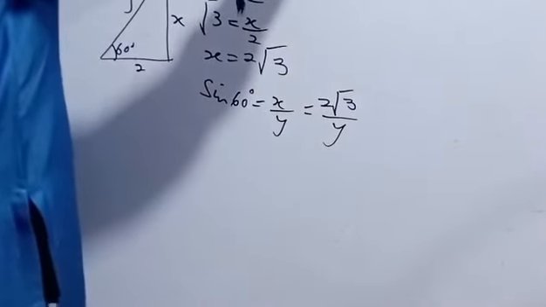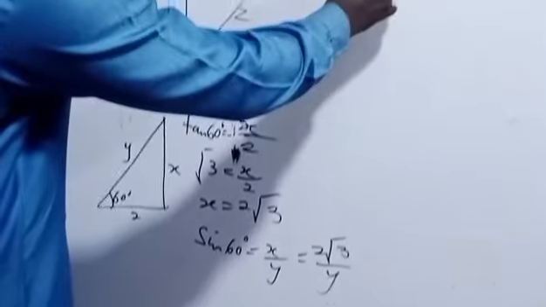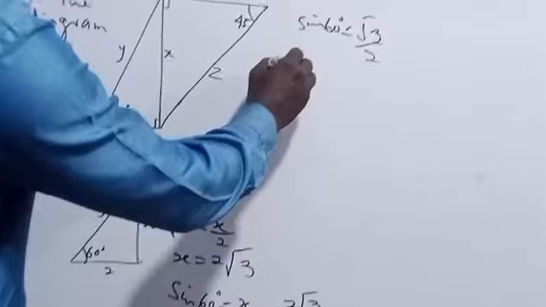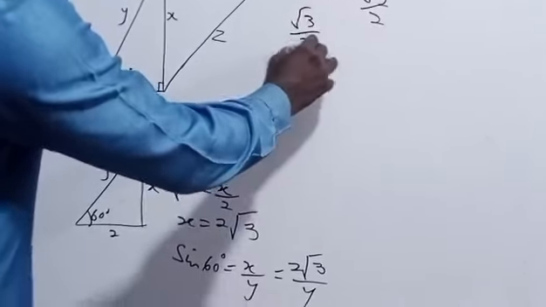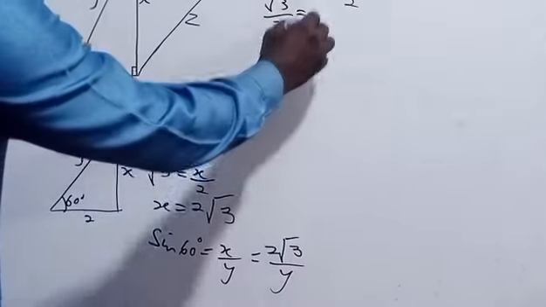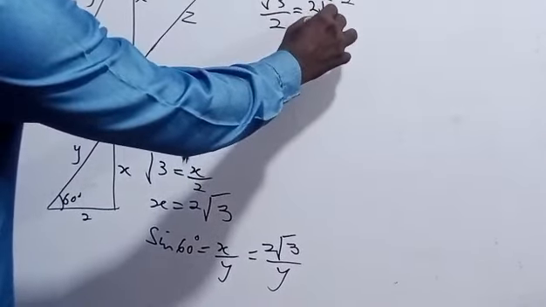Sine 60 degrees is the same thing as root 3 over 2. So that will now give me root 3 divided by 2 to be equal to 2 root 3 divided by y.